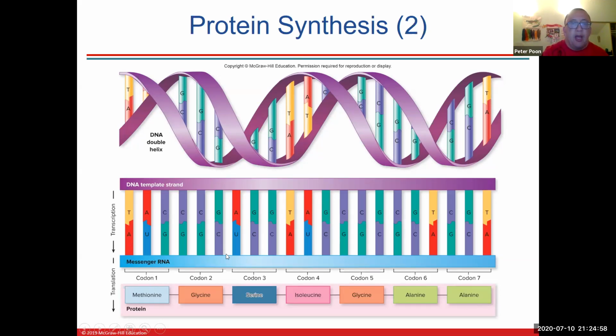Then it goes to codon number 2 and looks for whatever that is, matches that up, matches codon 3, 4, 5, 6, 7, all the way until you run into a stop codon. At a stop codon, you stop.